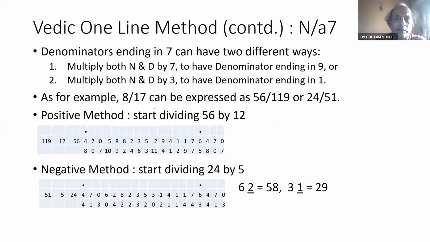So in case of 8 by 17, you had a choice. Either you can express it as 56 by 119, or you can do 24 by 51. So for 24 by 51, it goes like this. And for 56 by 119, you start dividing by 12. 56 divided by 12 is 4, and remainder is 8.